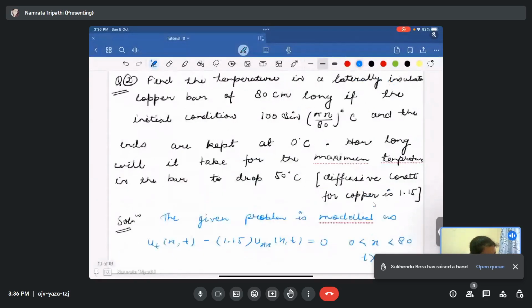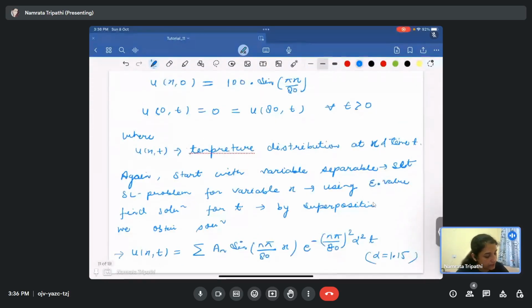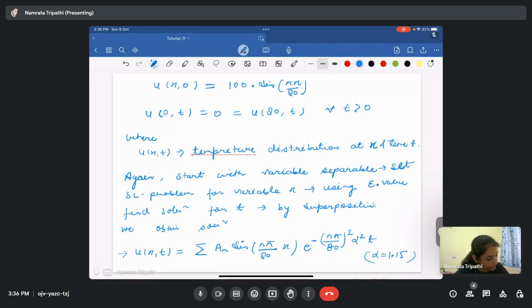This diffusive constant is alpha square. Okay. Is there any other doubt? Then ma'am, you write alpha equals 1.15 in the last line.